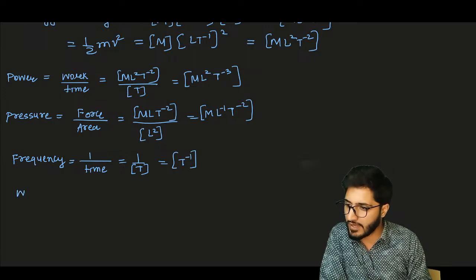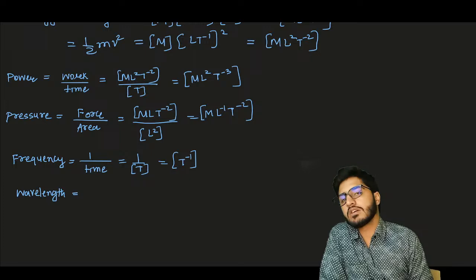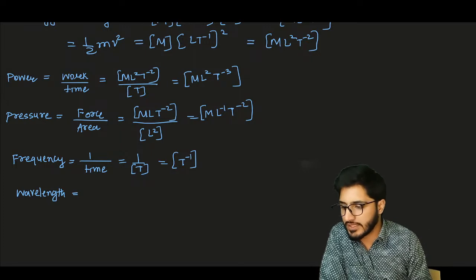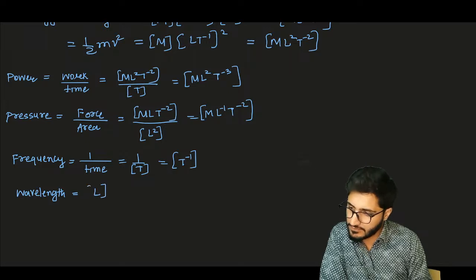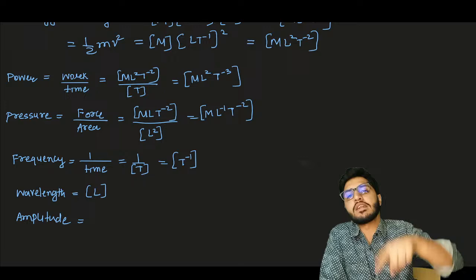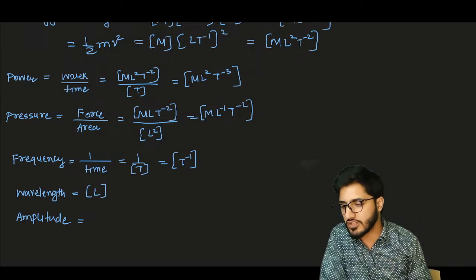We are having wavelength. I think wavelength is the displacement, so it is length, L. We are having amplitude. What is amplitude? The maximum displacement from your mean position. So it is also L.